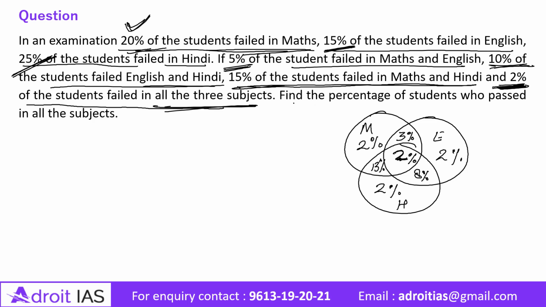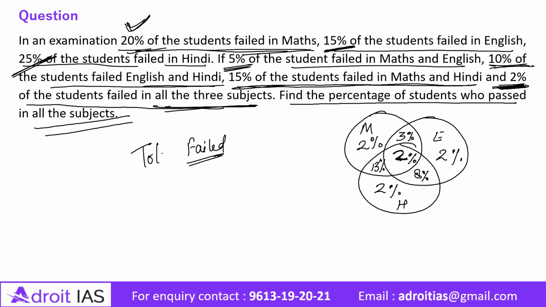The question is to find the percentage who passed in all the 3 subjects, right? So this is the data of the failed candidates, obviously. So just add all of them, and we will be getting the total failed candidates. So 13 plus 2 is 15, 15 and 10 is 25, 25 and 5 is 30, 30 and 2 is 32.